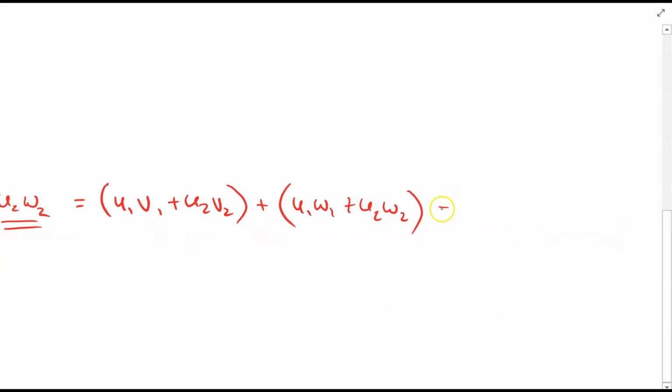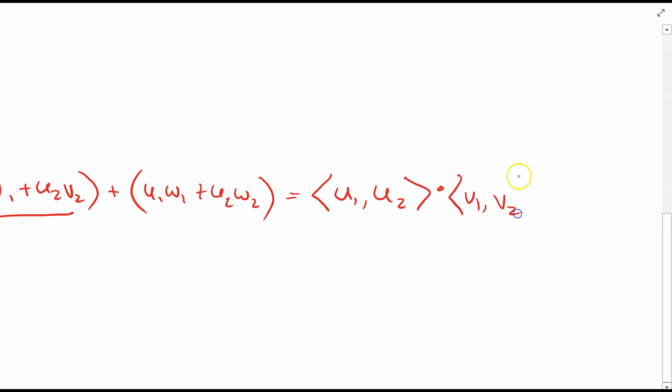And now I'm going to use the definition of a dot product, but going in reverse. So this would have been u1, u2 dot v1, v2, right? Because when I do the dot product, I multiply the first components and then add it to the product of the second components, which is just what we've done.